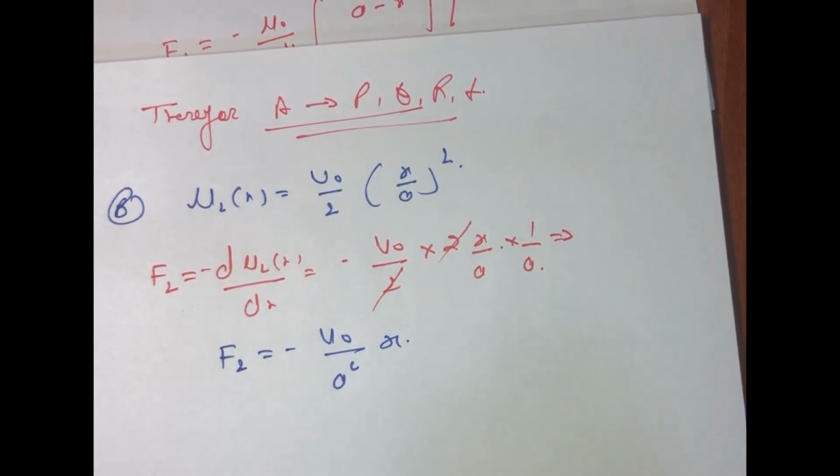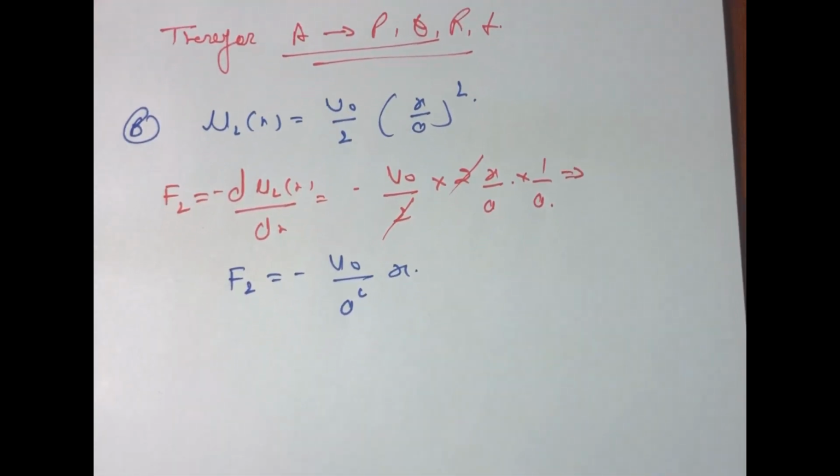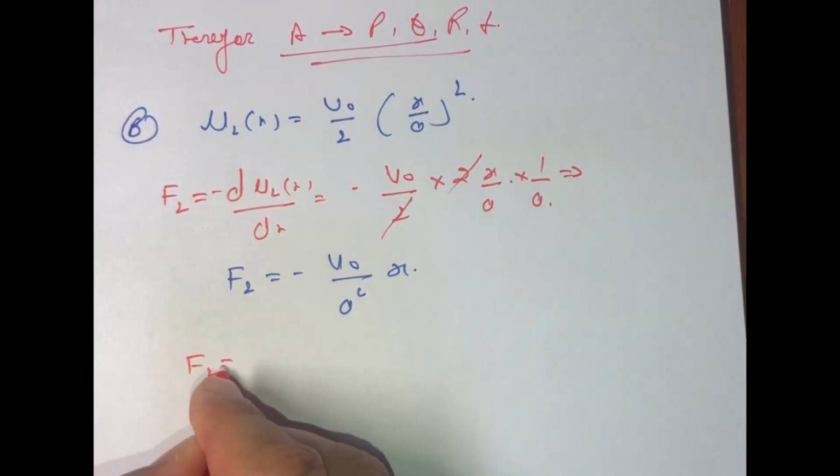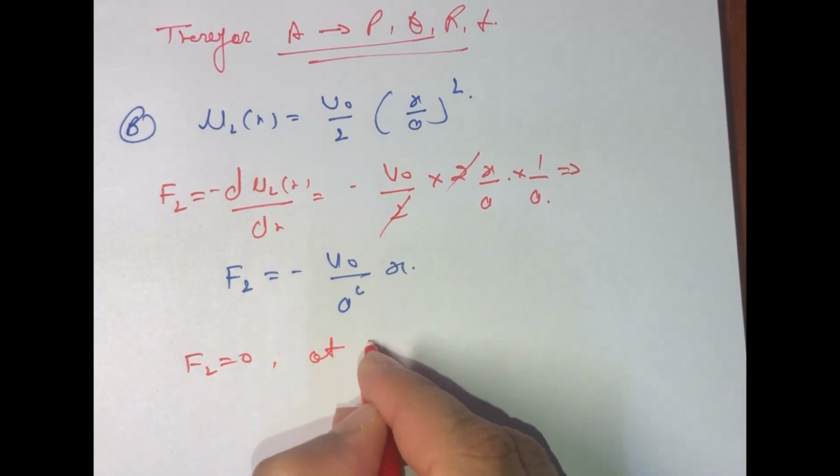And once again we are going to find out the value of F2 at various values of x when it will be 0 basically. So from here, making a comparison, we can say F2 is equal to 0 only at x equal to 0.